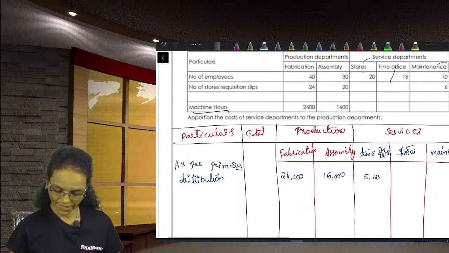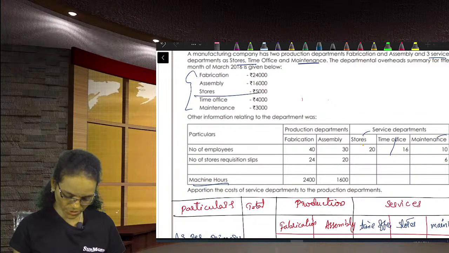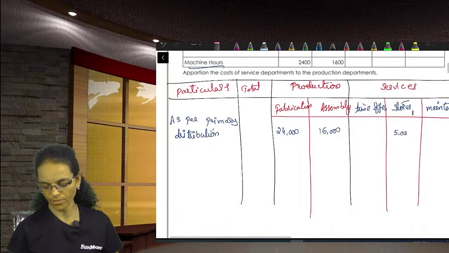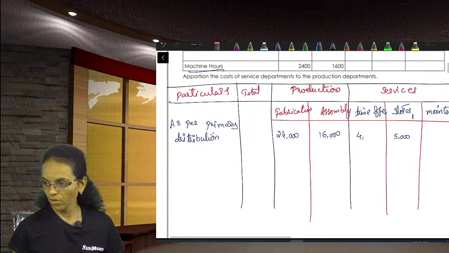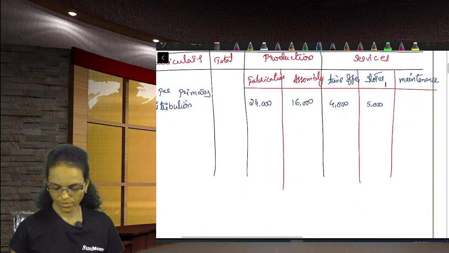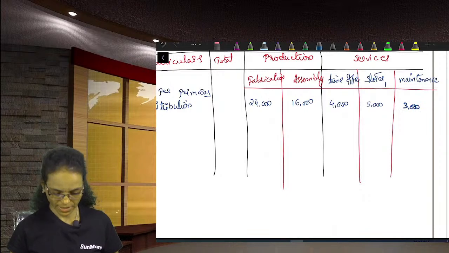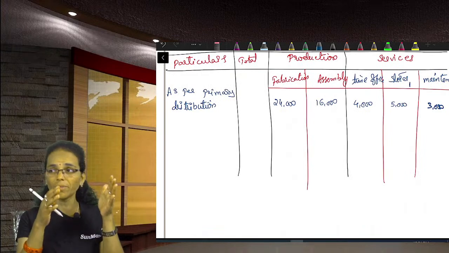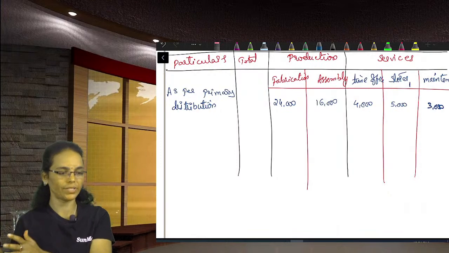Here we need to be very careful. Stores department 5,000. Where is the stores department? This one, 5,000. Time office is this one, 4,000. Maintenance 3,000. So this is the expenditure towards each department as per the primary distribution.